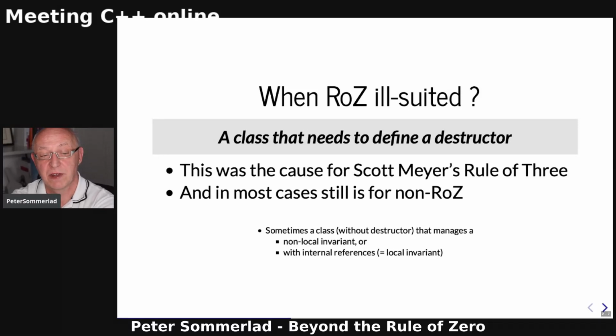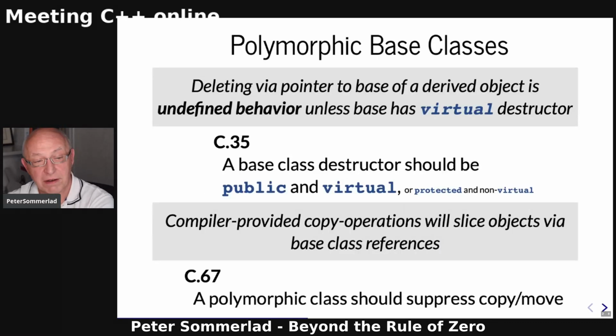And the question is, when does your class need to define a destructor? There are actually 2 major cases, and we will see them in a second. The most prominent case is you're designing a class hierarchy with a virtual member function in the base class, and if you put objects of that hierarchy on the heap and want to delete via a base class pointer, you're risking undefined behavior when your base class doesn't have a virtual destructor.